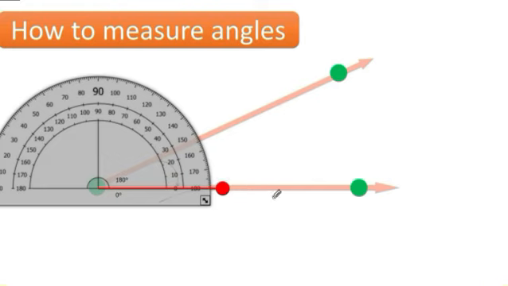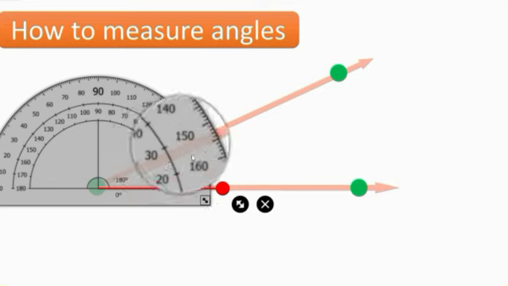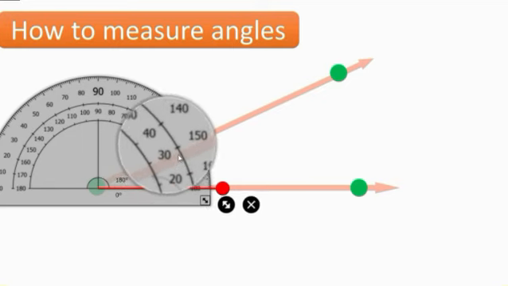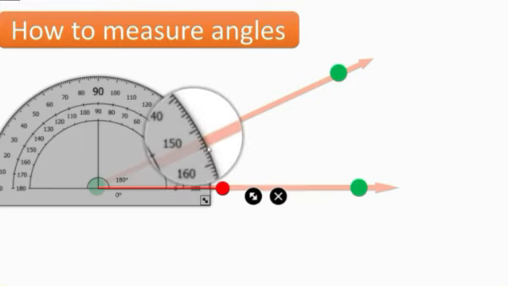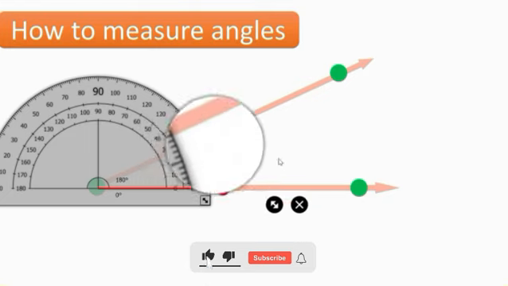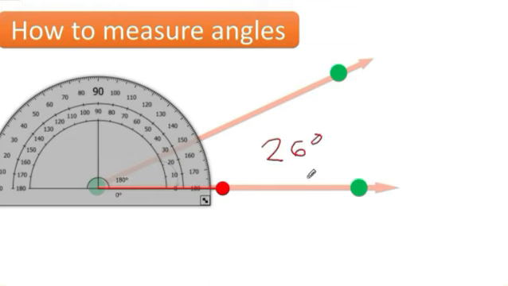Okay, so next what we have to do is we have to see over here what it says. So this line is going through, so this is 25, this is 26 degrees. Okay, so this angle measures 26 degrees.